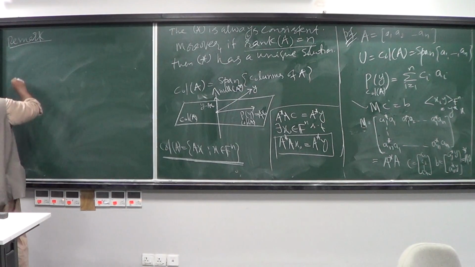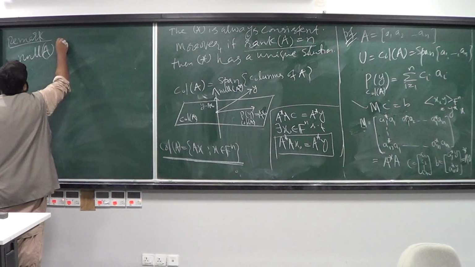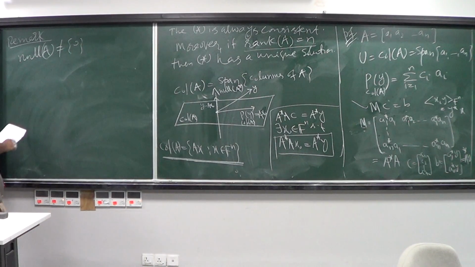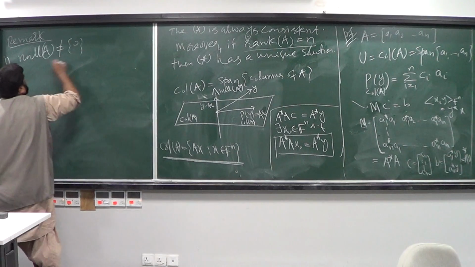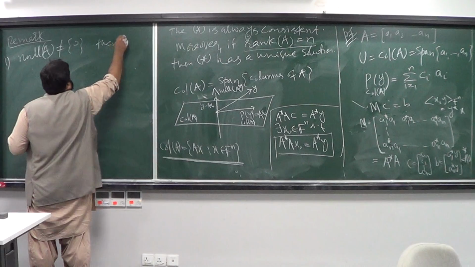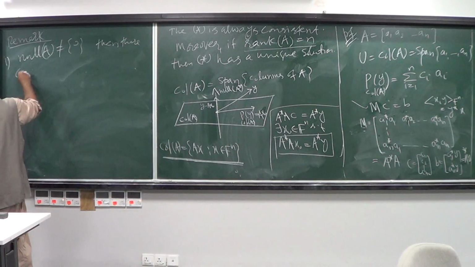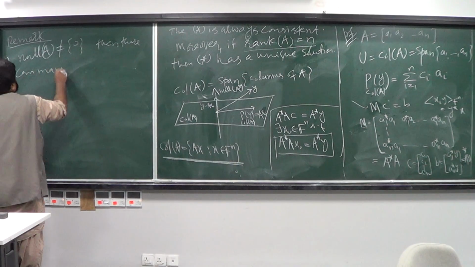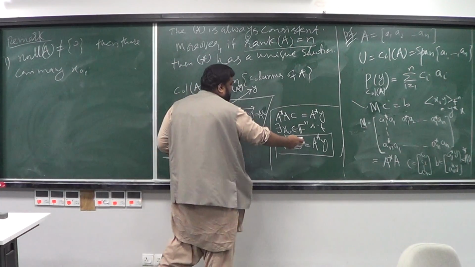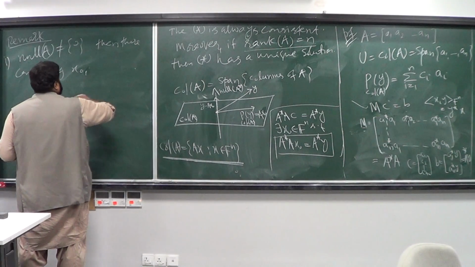If the null space of A is non-trivial, then there can be many x naught. In other words, this system A star A x naught can have many solutions actually.